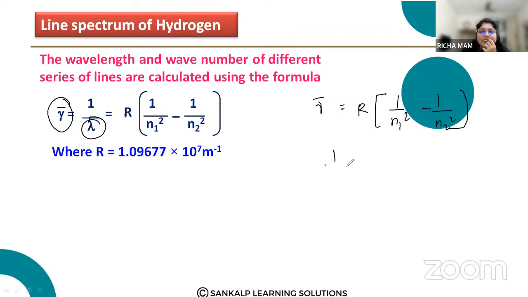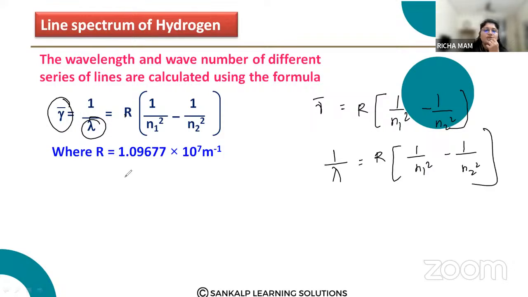If they ask you lambda, it will be 1 by lambda equals R into 1 by n1 square minus 1 by n2 square. Remember this formula, and this R is the Rydberg's constant, whose value is 1.09677 into 10 raised to 7 per meter.